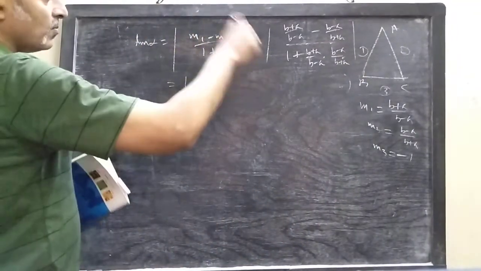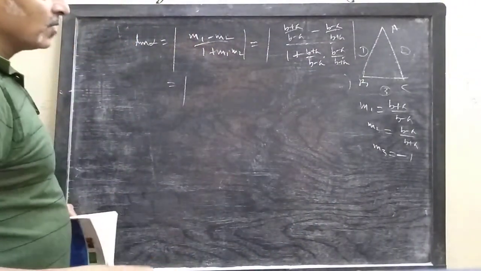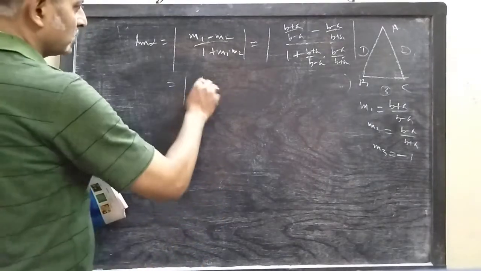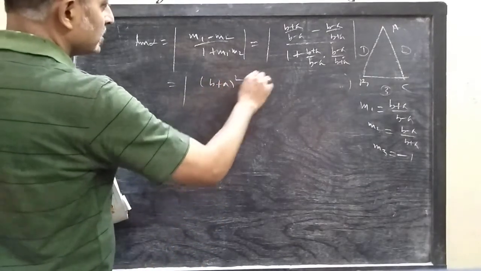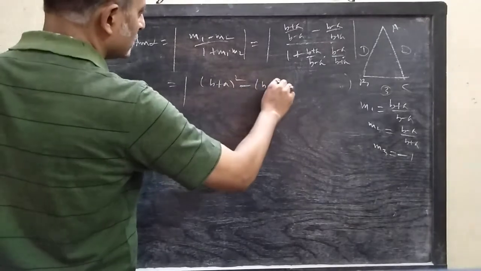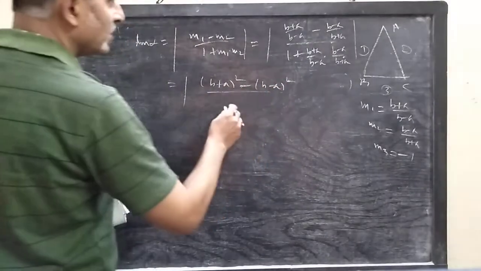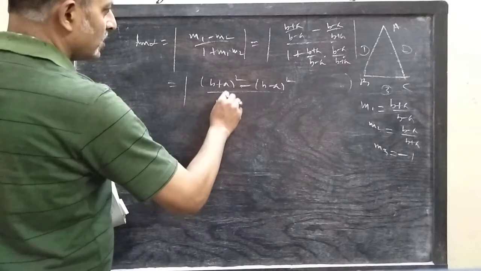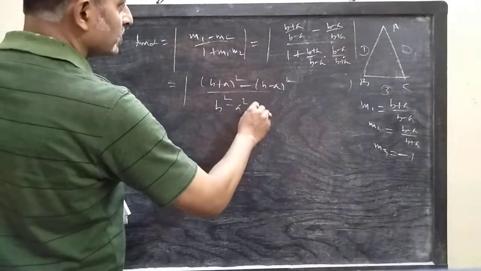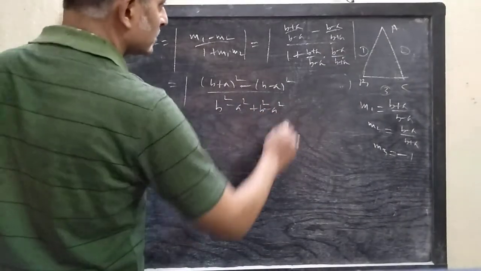Multiply both numerator and denominator by (b minus a)(b plus a). You get (b plus a) whole square minus (b minus a) whole square divided by, here it becomes b square minus a square plus b square minus a square.